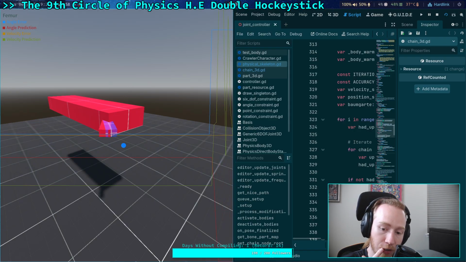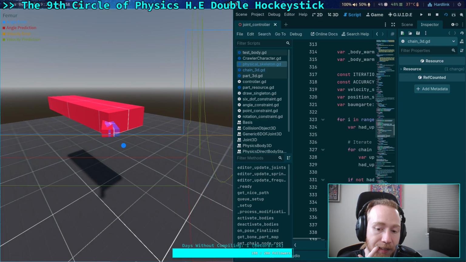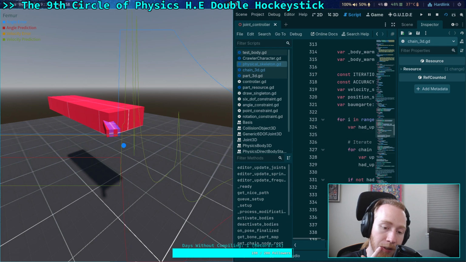The prediction for the angle just went off the screen, so that's not very good. Yeah, what I noticed would happen is once it would get close, then something would trip and it would like shoot off in the wrong direction.